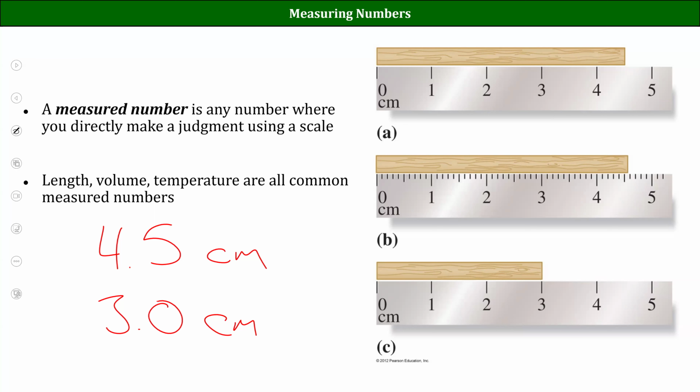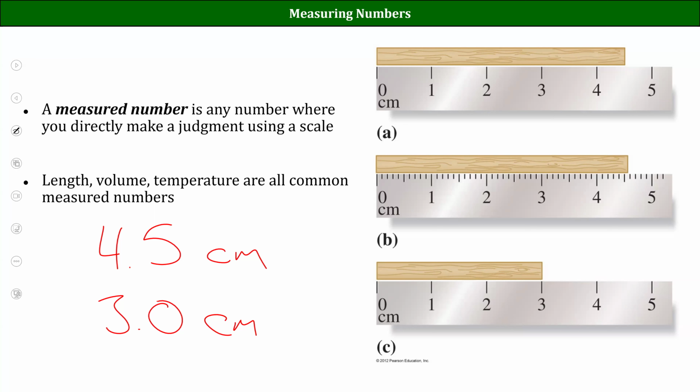We plug 3.0 into our calculator and it just says, oh, you mean 3? Well, in the sciences, that 3.0 is important, even if it's not going to change the calculation, because that's how you communicate to the reader where the uncertainty is. I might be off a little bit. Standing from way over at this angle, I would say maybe it's a little bit more than 3, but it's definitely not a whole tenth over that.